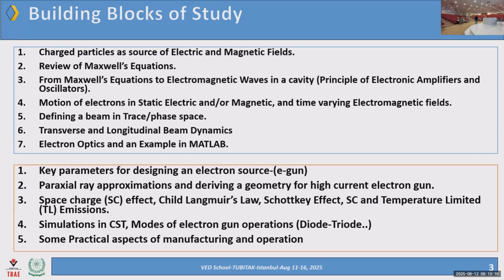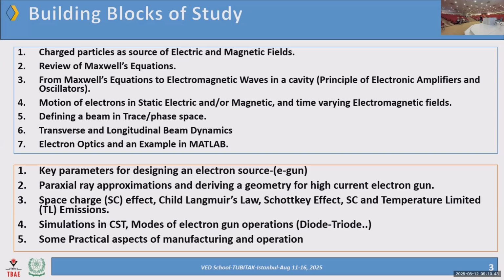Every scenario has its own flavor. Then we will try to define the beam in trace space and phase space. I hope you are familiar with it. When I say trace space or phase space, it means that position and momentum are taken into account.